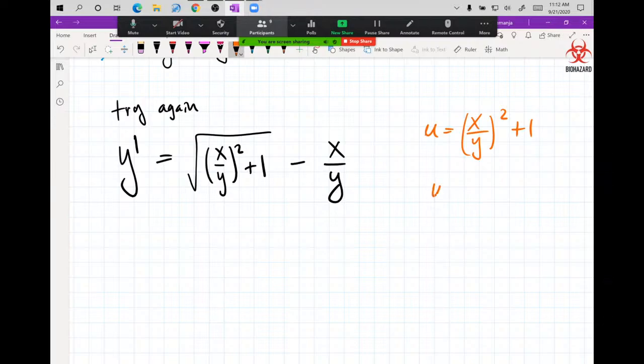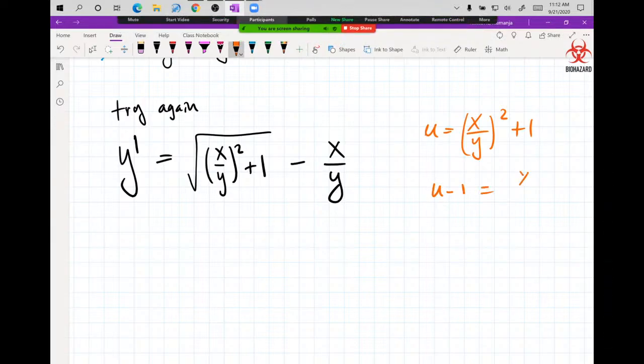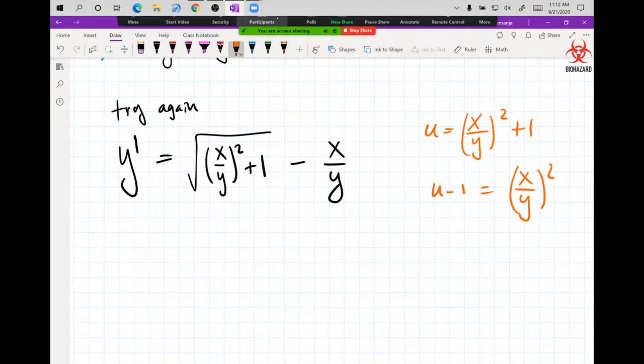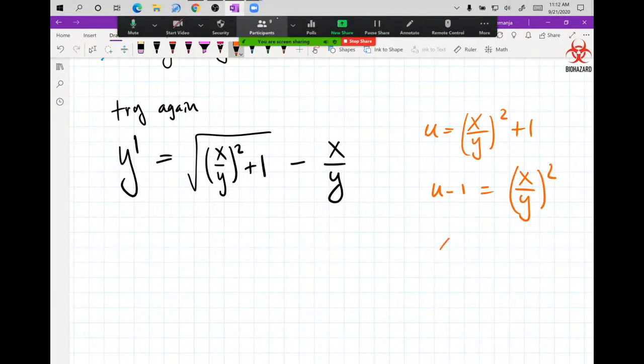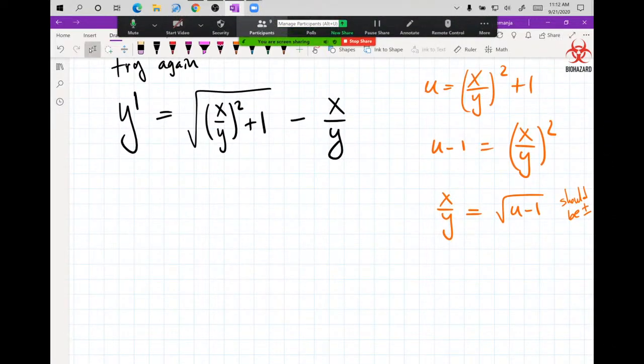All right, so u minus 1 is equal to x over y squared. So x over y is plus or minus the square root of u minus 1. Let's just try with a positive one, even though it should be plus or minus. But I'm just going to take plus to see how far we can get with this.